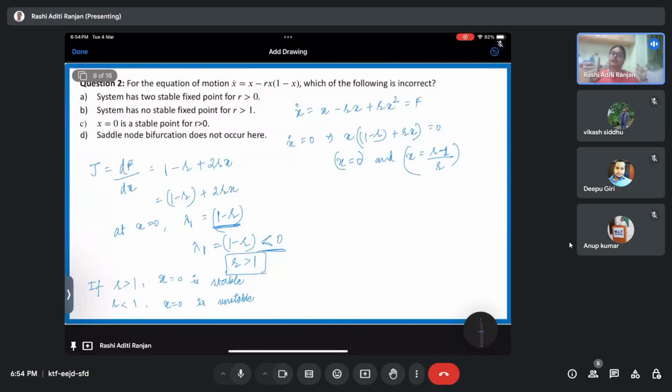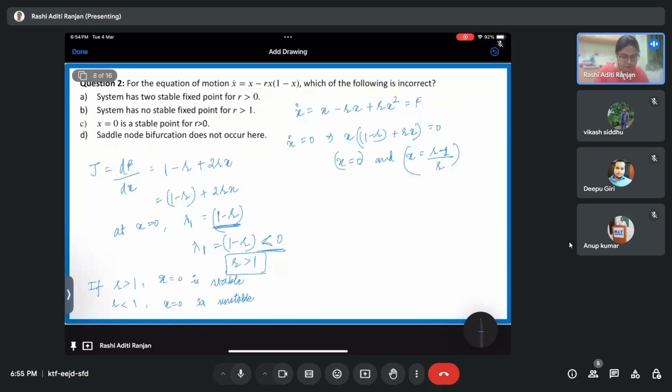Firstly, my critical value of the parameter, rc, is what? 1. That is what I have to remember for plotting. Now I'll come to my second equilibrium point. If I compute the eigenvalue 2, which is at x equals (r minus 1) by r, what is it going to be?